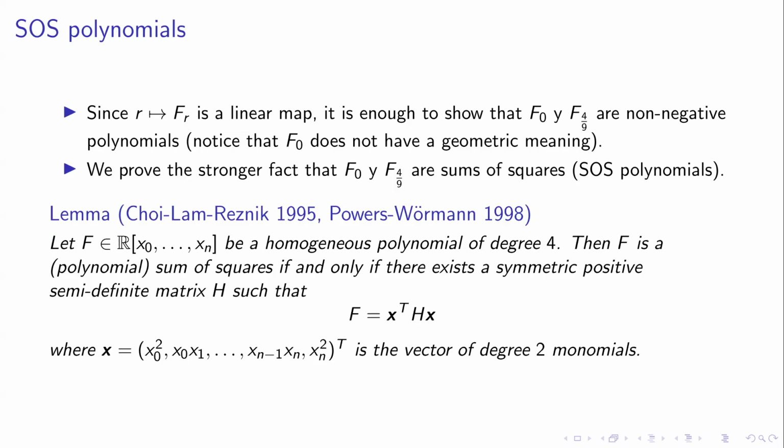The following result gives a condition for a polynomial of even degree to be an SOS polynomial. This is the version for polynomials of degree 4, but in these papers you can look at the general version. We need to find a symmetric positive semi-definite matrix H such that our polynomial has the form where this X is the vector of the monomials of degree 2.